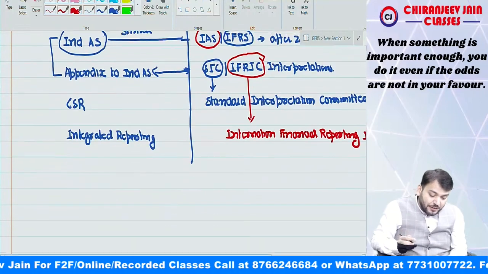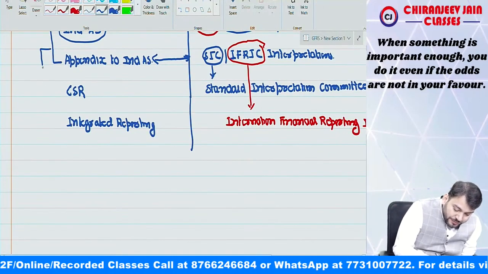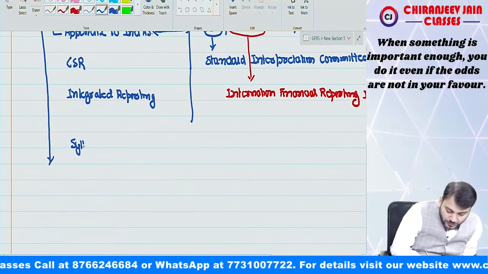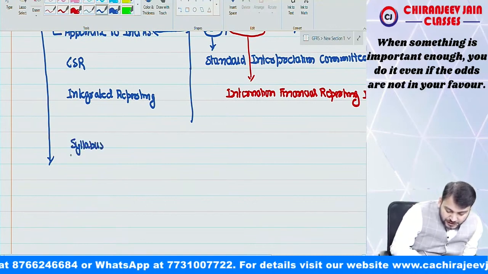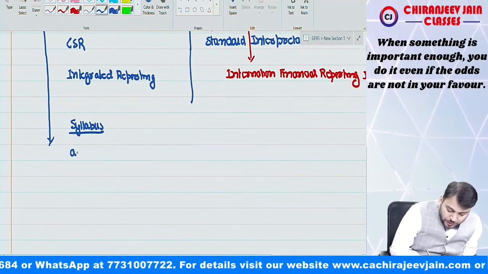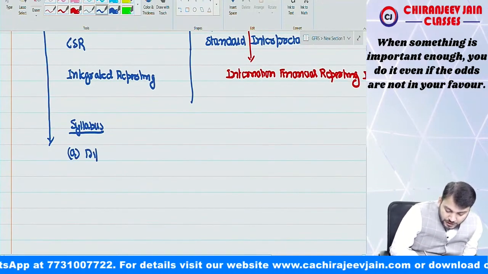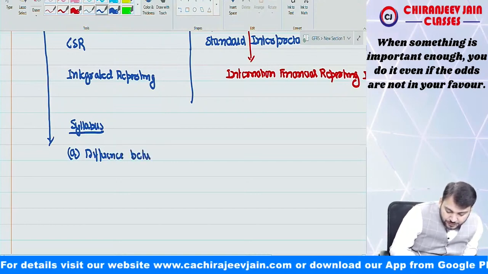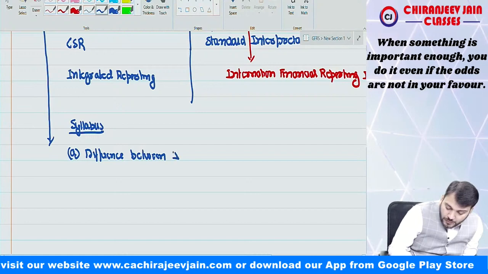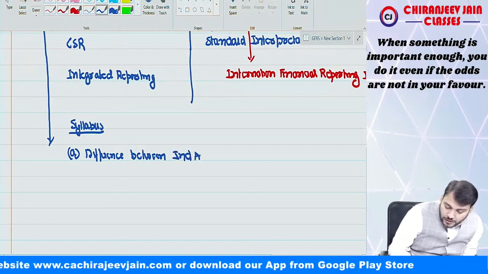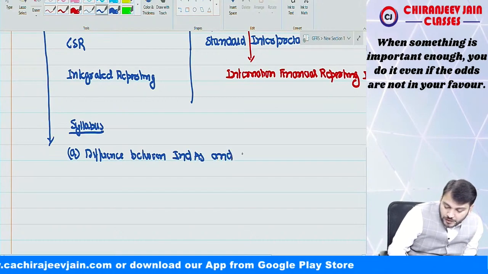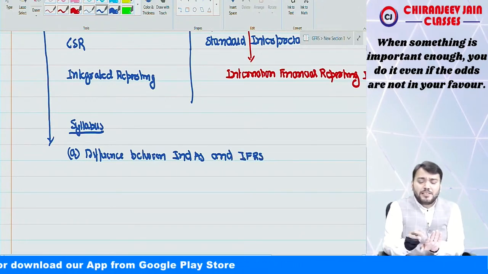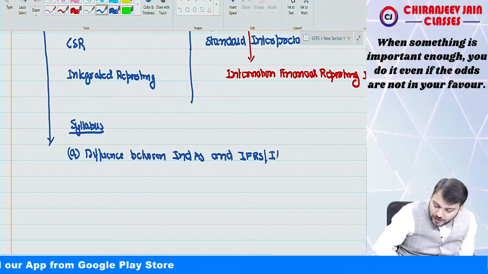I hope you're understanding. So as far as the syllabus is concerned, first we need to do the difference between Ind AS and IFRS. Now, whenever I say IFRS, IFRS will include IAS also, correct?